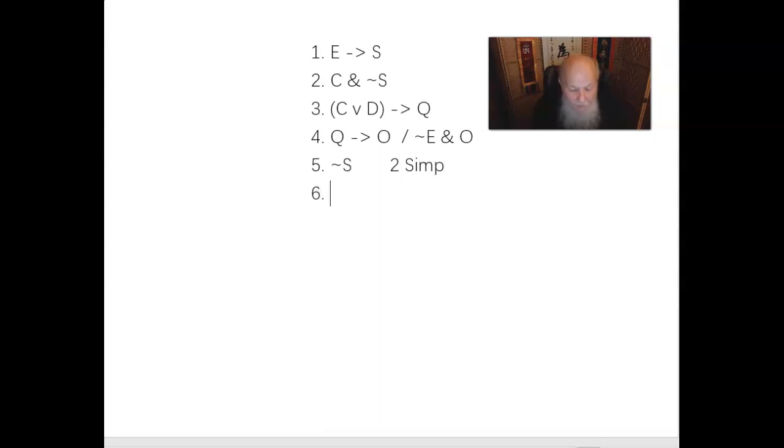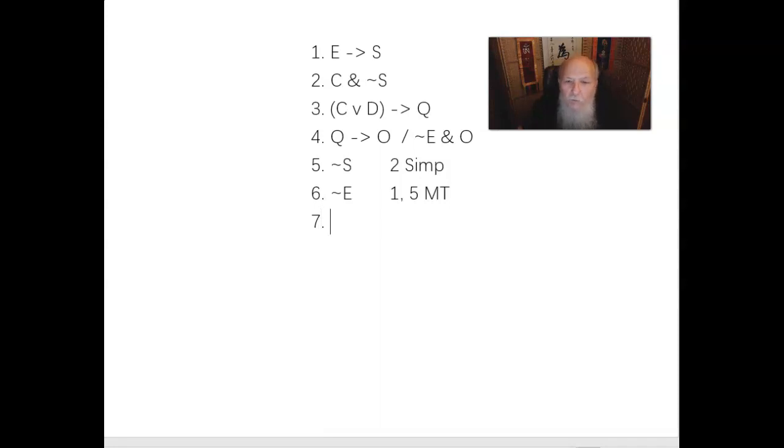Now that I have the not S, I can get the not E from lines 1 and 5, modus tollens.